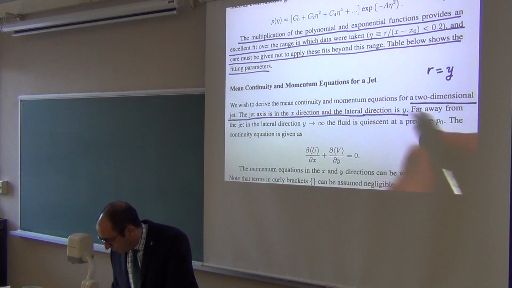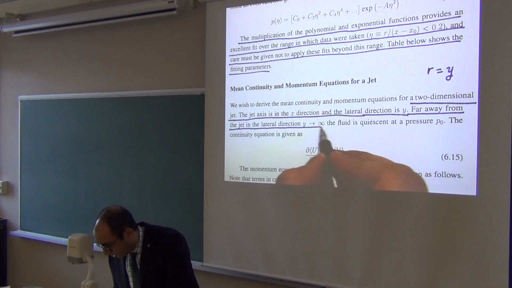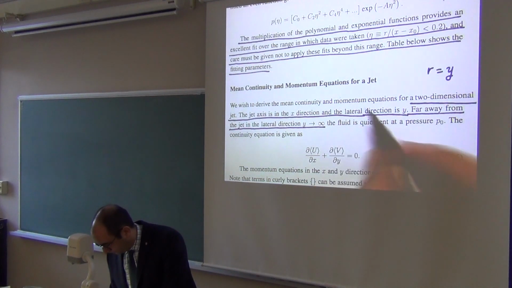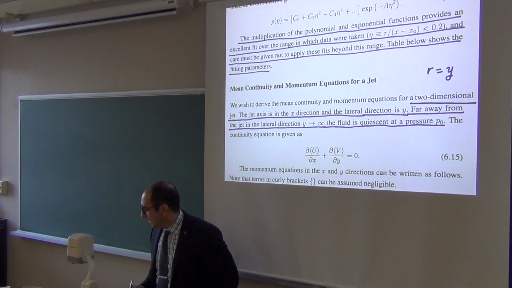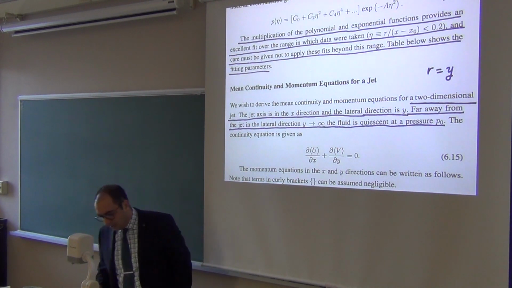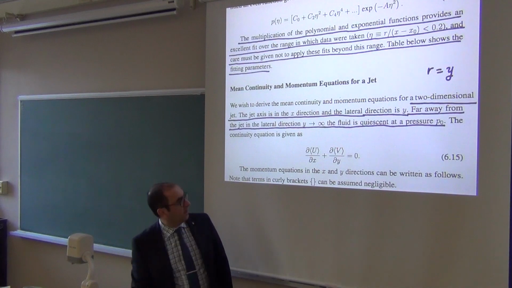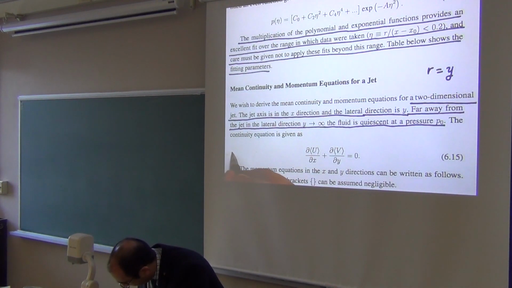So that means far away from the jet in the lateral direction, y should approach infinity. And in those regions, the fluid is quiescent at some background pressure. So if you like, you can put a picture to it. So here's your jet, x, y.